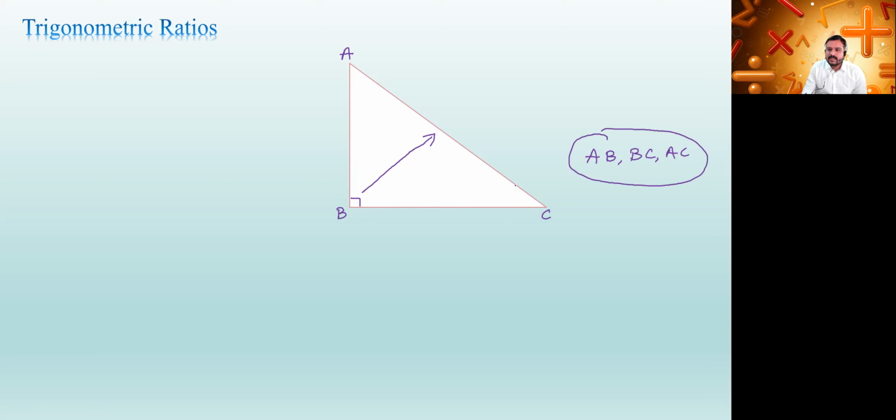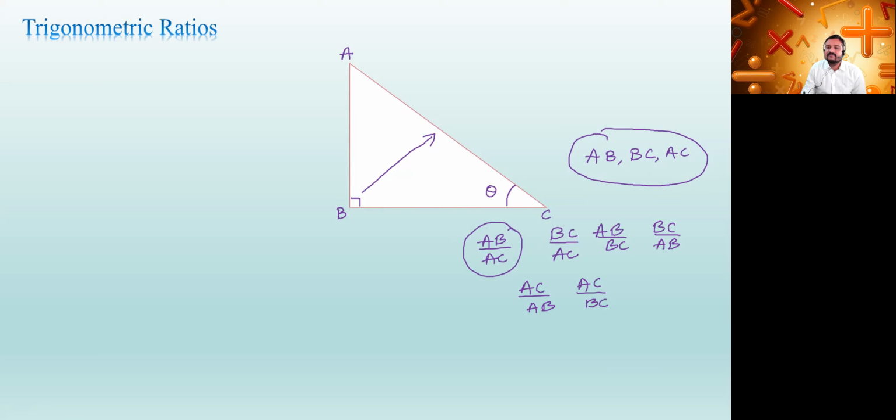Like for example, this is my angle theta. Okay, this angle C, I have assumed it as theta. So now what I will do, if I take the ratio AB upon AC, if I take the ratio of any two sides, AB upon AC, next I can take BC upon AC, next I can take AB upon BC, next I can take BC upon AB, next I can take AC upon AB, next I can take AC upon BC.